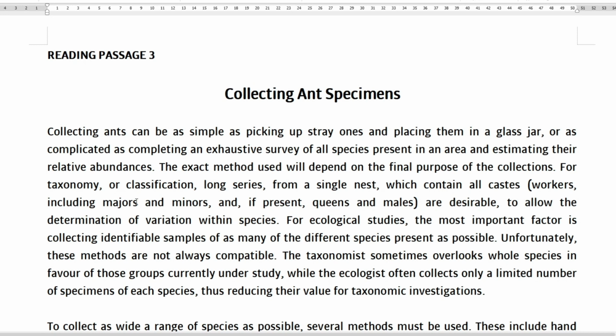For taxonomy or classification, long series from a single nest which contain all castes, workers including majors and minors, and if present, queens and males, are desirable to allow the determination of variation within species. For ecological studies, the most important factor is collecting identifiable samples of as many of the different species present as possible.